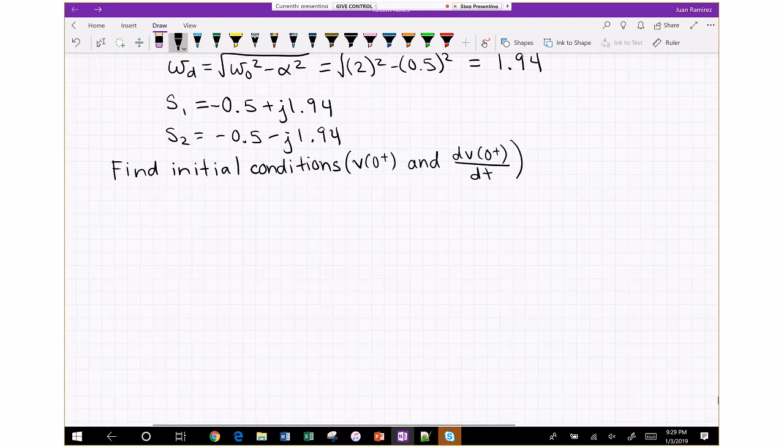And we find those in the same way we found them in the last section, as well as in 8.2. So we'll first look at steady state before the transition, because as soon as a transition happens, that instant right after it, the inductor current will remain the same, the capacitor voltage will remain the same.